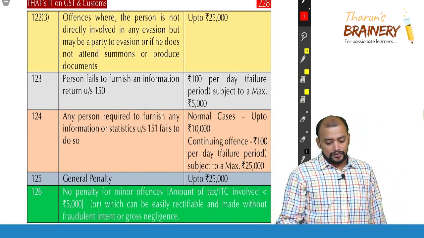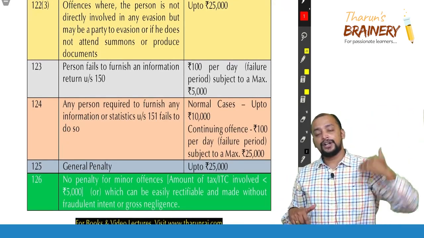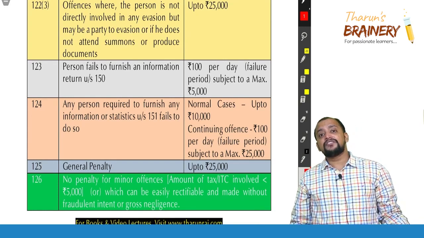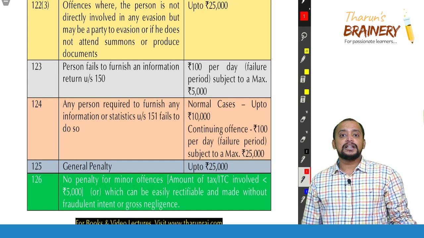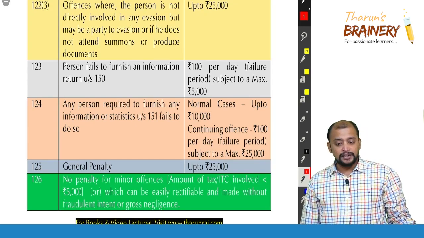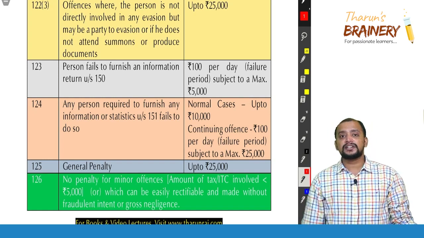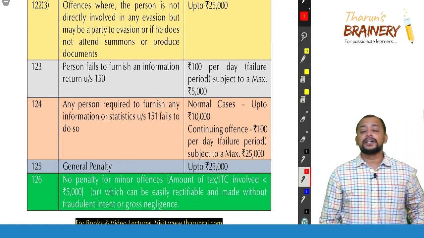Then 123 penalty. So section 122 is over. Now 123: a person failed to furnish an information return under section 150. Under section 150, there is something called an information return. Whenever the department needs some information, they can ask a person who possesses that information to submit the information return.